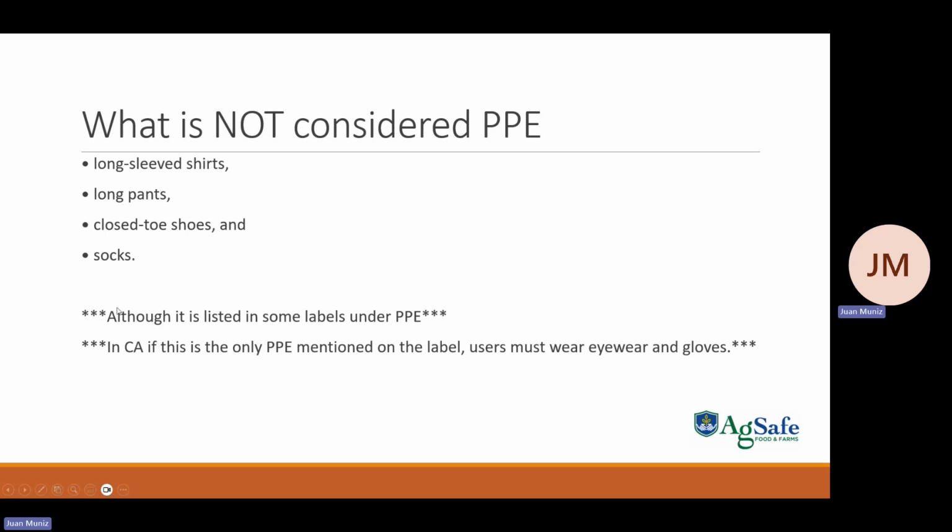Please note that although it is listed in some of the pesticide labels under the PPE sections, in California, if these items are the only items mentioned under the PPE section of the label, then users must also wear eyewear and gloves in addition to your basic work attire.